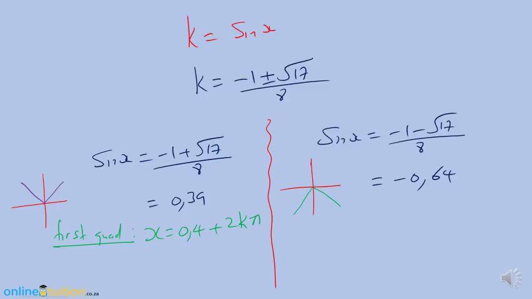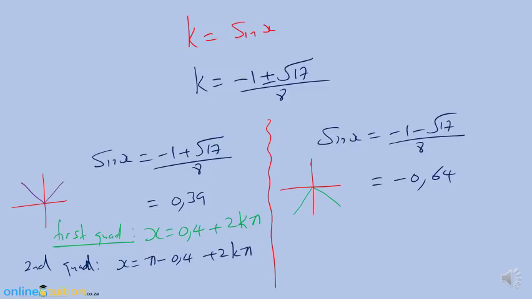And then in the second quadrant, you've got to write neatly. x is going to be pi minus 0.4 radians plus 2k pi. There you are. Two solutions for sine x equal to 0.39.